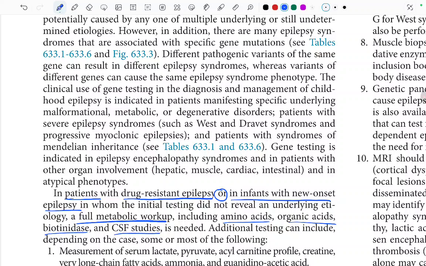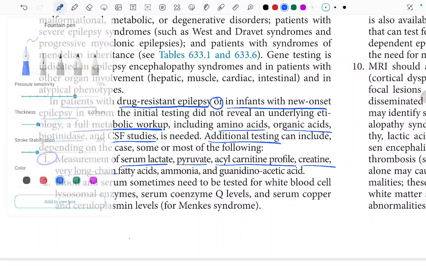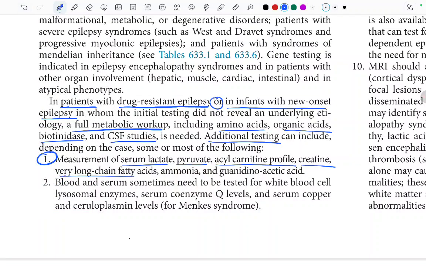Additional testing can include, depending on the case, some or most of the following. These are the additional testing. First one is the measurement of serum lactate, pyruvate, acyl carnitine profile, creatine, very long chain fatty acids, ammonia, and guanidinoacetic acid.